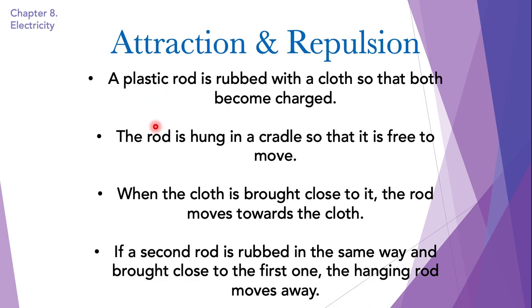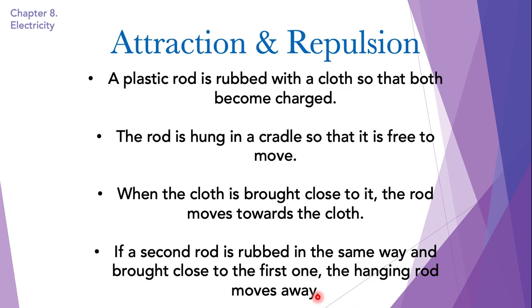Then the rod is hung in a cradle so that it is free to move. So when the cloth is brought close to it, the rod moves towards the cloth. But if a second rod is rubbed in the same way and brought close to the first one, the hanging rod moves away. So now we have seen both attraction and repulsion.